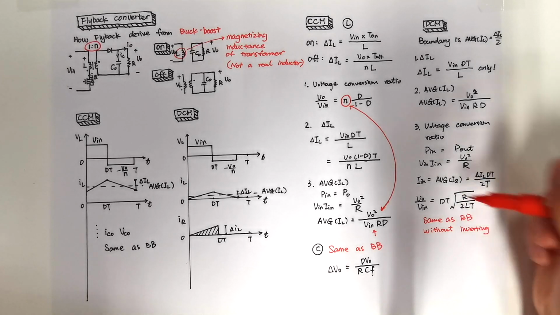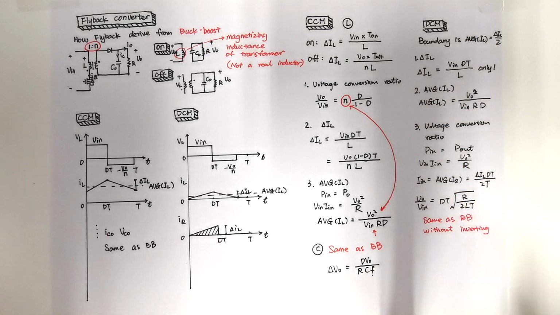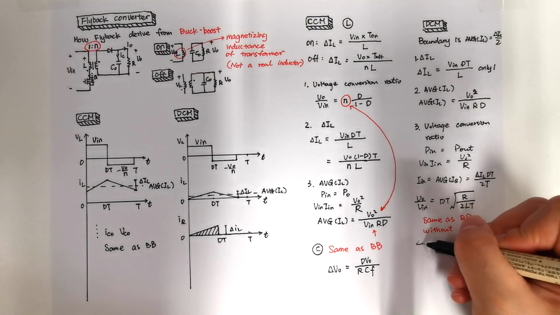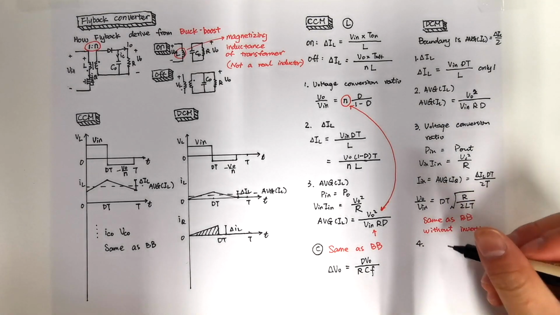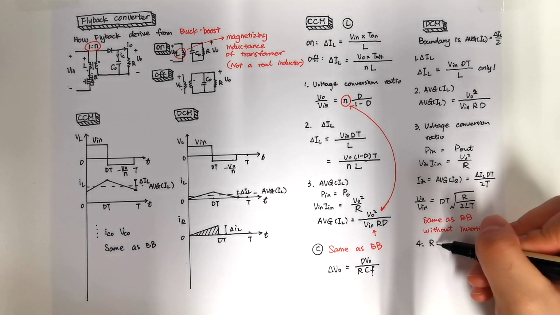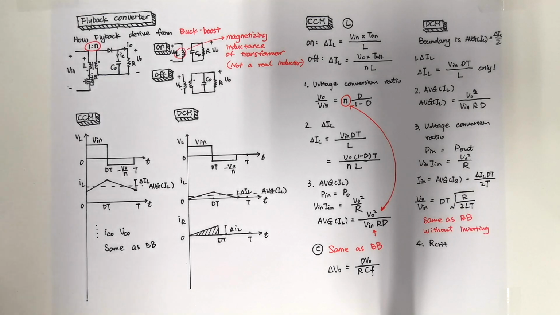So this means we don't have the minus sign here. And the last thing we want to know in our DCM is our critical resistance. This means that when the load is higher than this value, our converter works in DCM mode.